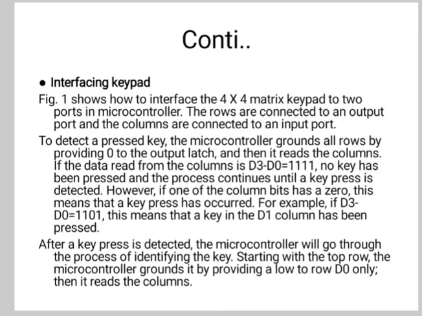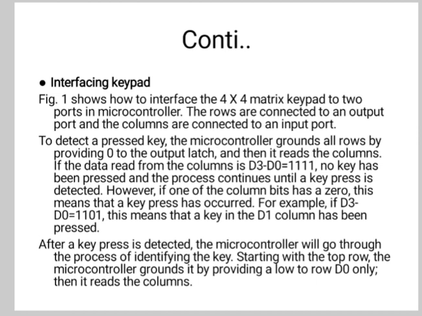To detect a pressed key, the microcontroller grounds all the rows by providing zeros to the output latch, and then it reads the columns. If the data read from the columns D3 to D0 is 1111, that is D3, D2, D1, D0 are all 1, then no key has been pressed and the process continues until a key press is detected.